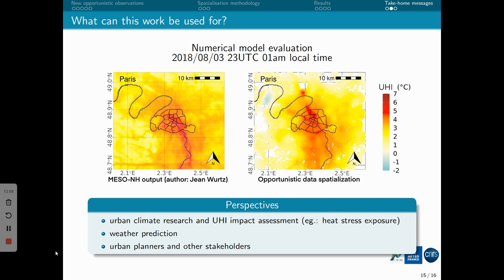You have this signal because there are some roads crossing these parks. So if you have a small park without a road inside, you cannot capture this information. And in that case, for the spatialization model, you would have to include this information in the morphological data on the land cover, but you do not have, of course, this data from the cars.